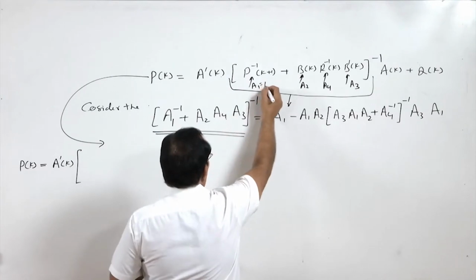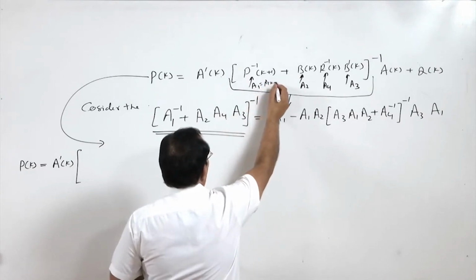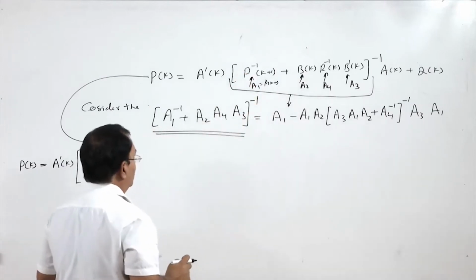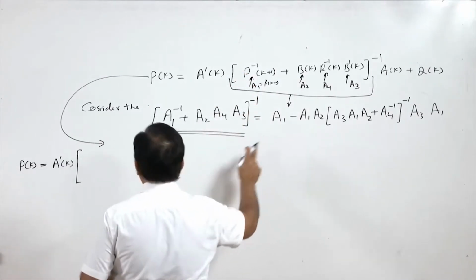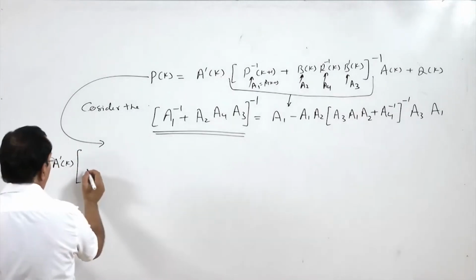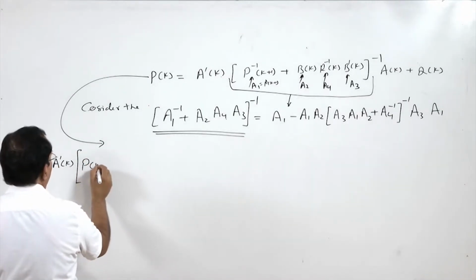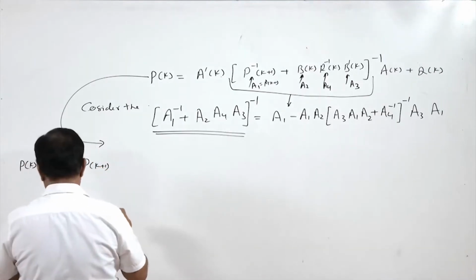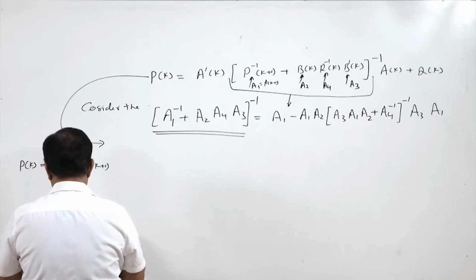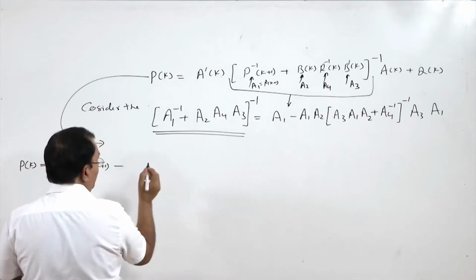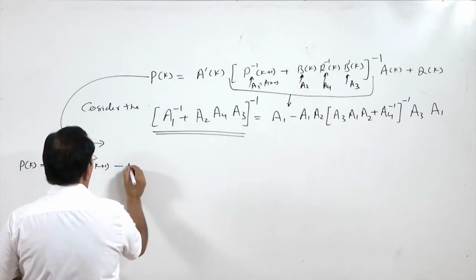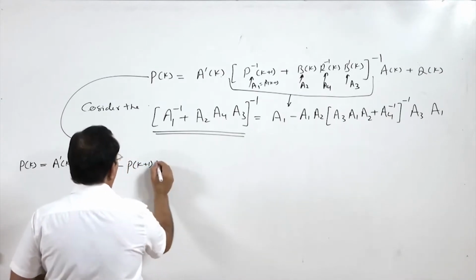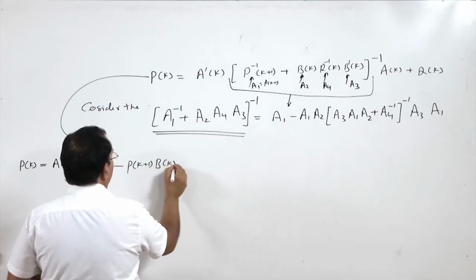A1 I am taking as Pk plus 1. So, this is the A1 inverse we are taking. A1 is nothing but my Pk plus 1, minus A1 A2, where A1 is Pk plus 1 and A2 is my Bk.